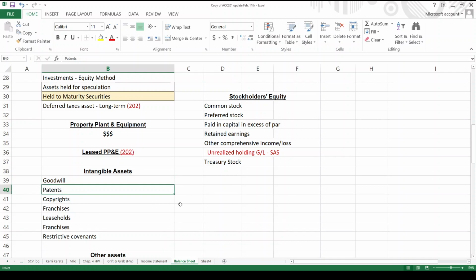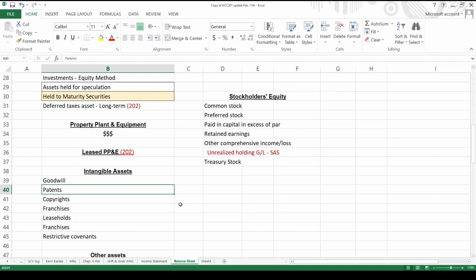Okay, patents. What happened? We bought a patent from some scientist for a particular product or service. It goes in this section here. So when you purchase a patent, it's easy. It's whatever the patent cost, and if you have any successful legal challenges against your patent, that would go in there as well.